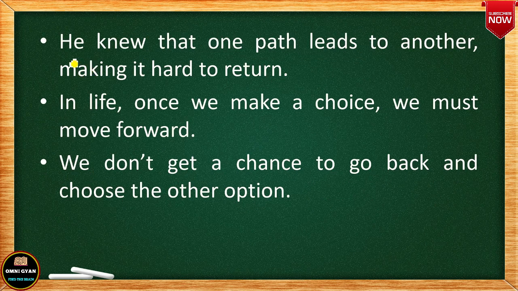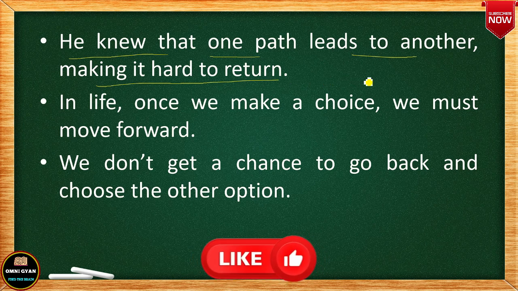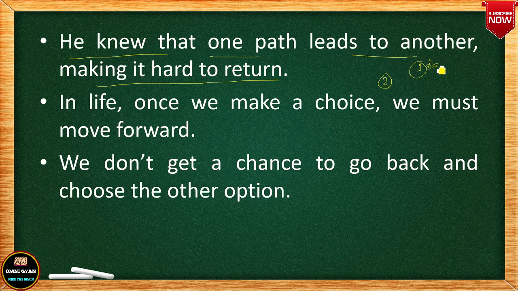Now he knew that one path leads to another and it would make it very hard for him to return back. Though the poet said that I will choose road number 2 and road number 1 I will travel sometime later. Okay, but you see the poet already knew that this road number 2, which is a difficult road, one path leading to another means that the poet cannot fully see the entire road.